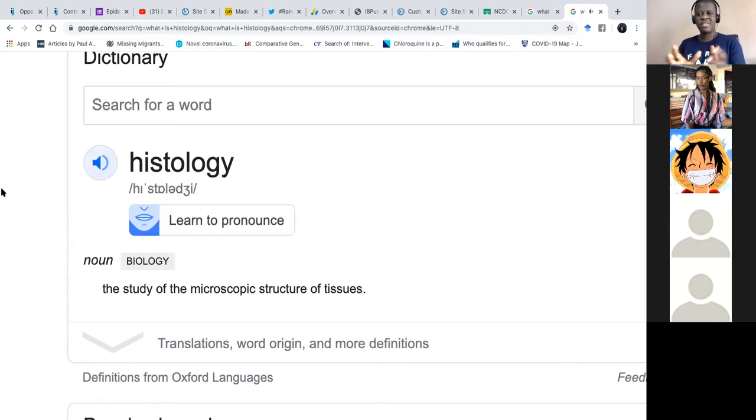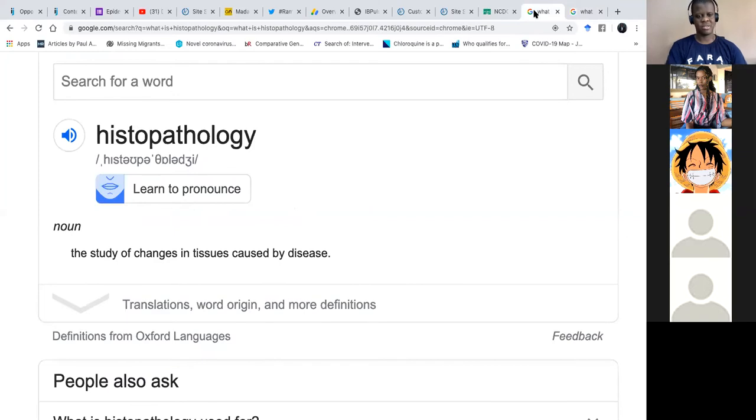From this understanding, histology is like the umbrella, and pathology is an aspect of histology. Which means in histology, we are focused on tissues, whether they are in good health or in disease condition. And when the cells and tissues are in disease conditions, that is when we talk about histopathology. Is that clear?